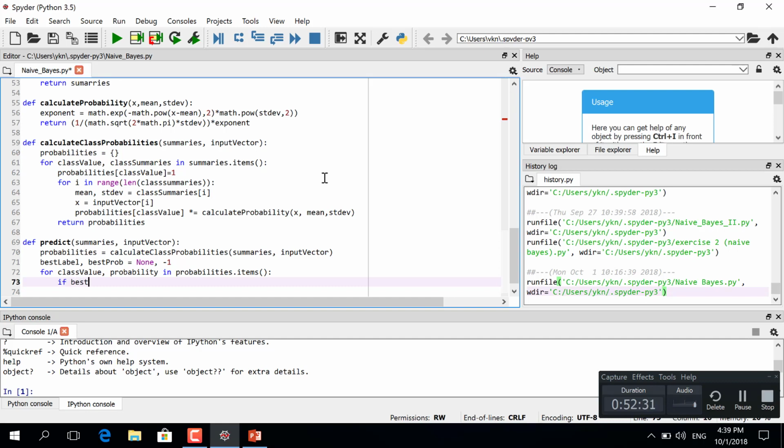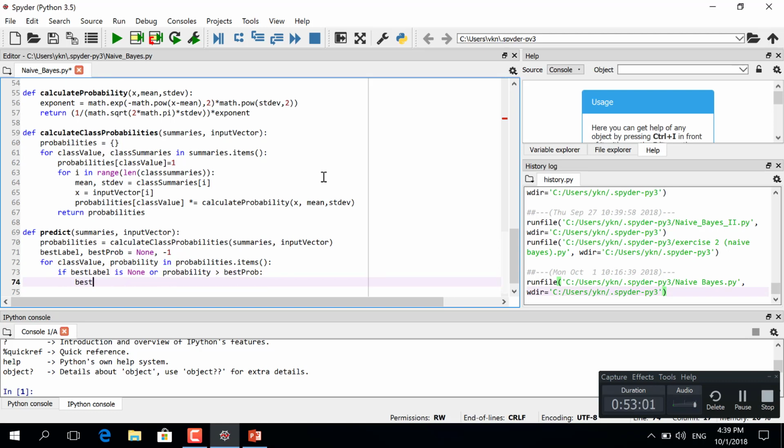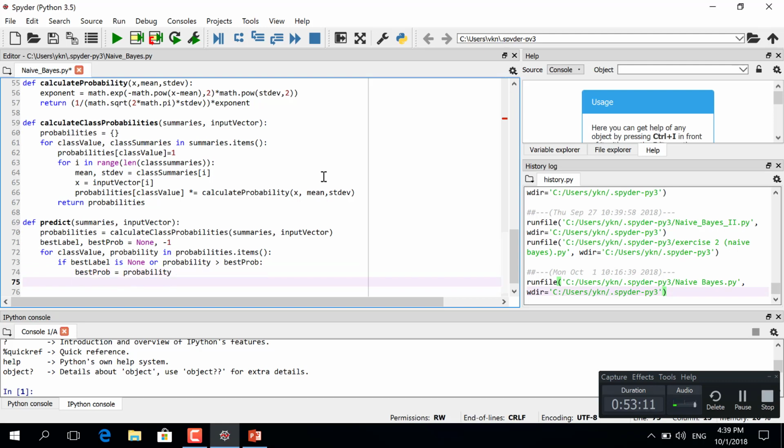So if best level is none, or the probability is higher than best probability, then best prop equals the probability, and best level equals class value.